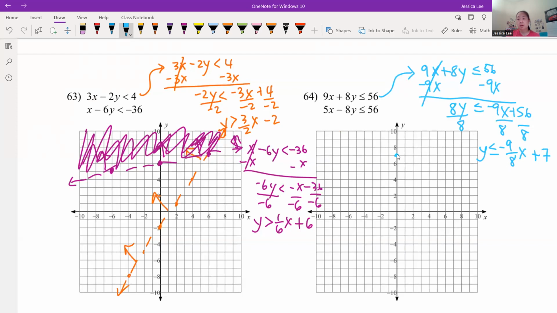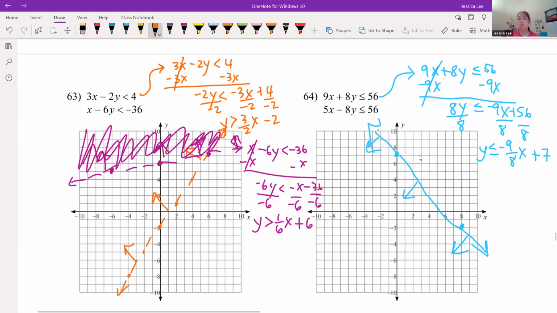I'm going to go to 7, and we're going to go 9/8. I can't go up 9, so I'm going to go down 9. So that's 7, 8, 9. And then to the right, and it's going to be a solid line, so it's going to look like that. All right, sorry about that weird line. And it says y is less than, so this way going down is less than.